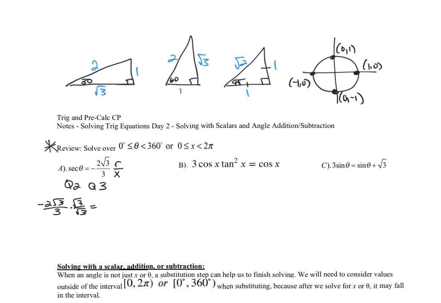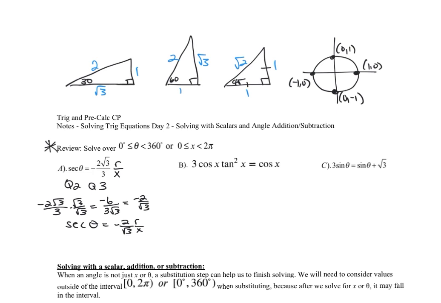So the top will become negative 2 times 3, or negative 6. The bottom would become 3 root 3, and then you can see I can reduce to get negative 2 over root 3. So I'm looking to solve secant of theta equals negative 2 over root 3, so r is 2 and x is root 3.